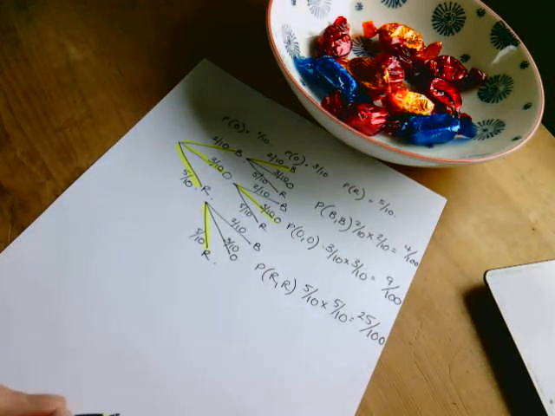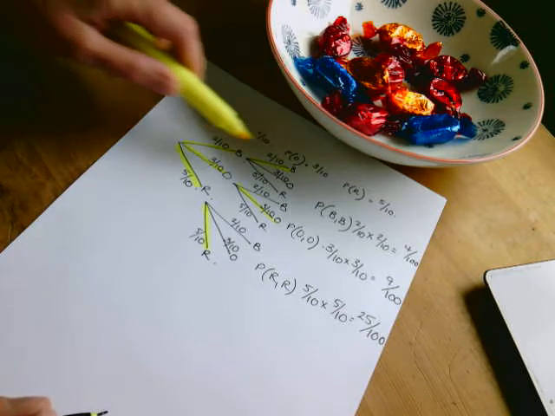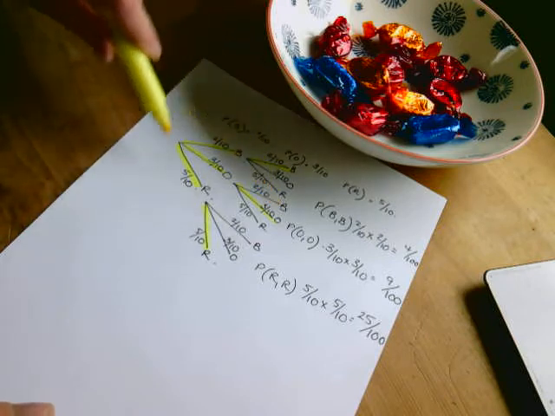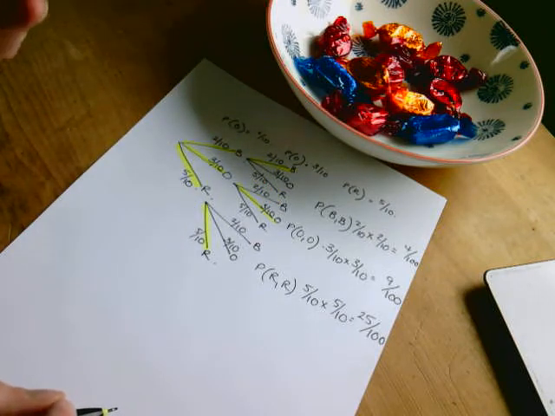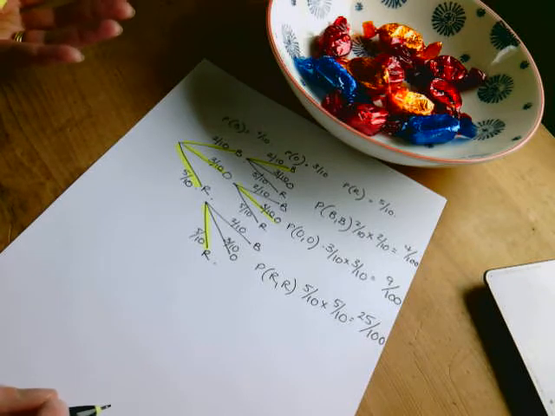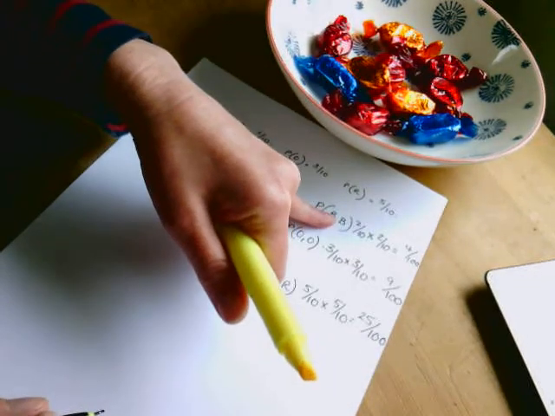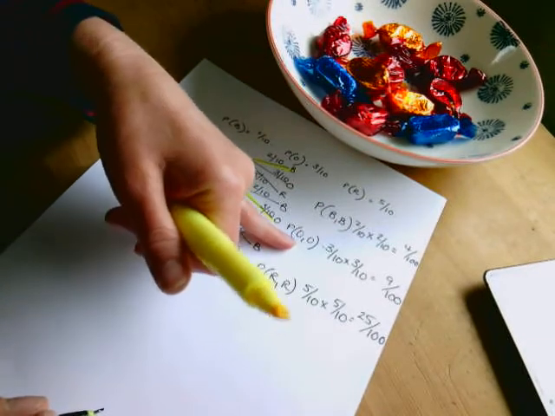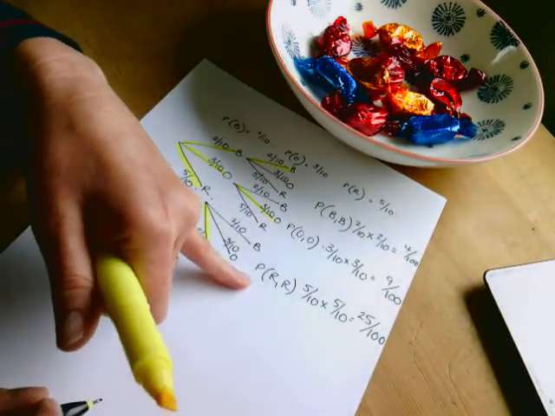Okay, so for the total probability, we looked at blue, orange, and red, and each of those are ways in which we could end up with two sweets the same, having put one back after the first time. The probability of the second one we choose being exactly the same is for the blues 4 over 100, for oranges 9 over 100, and for reds 25 over 100.